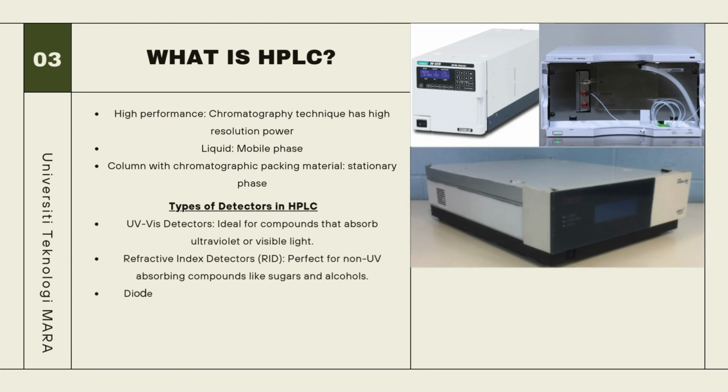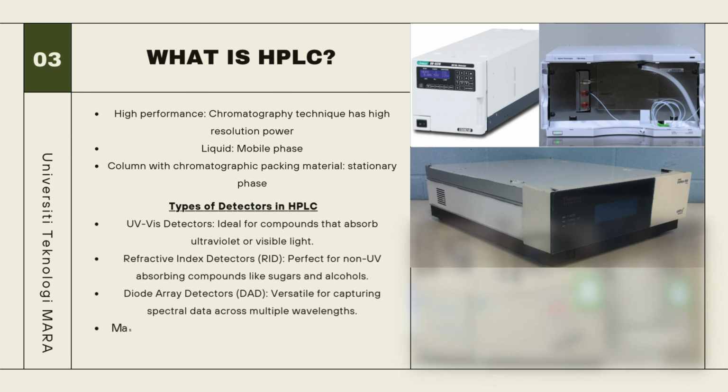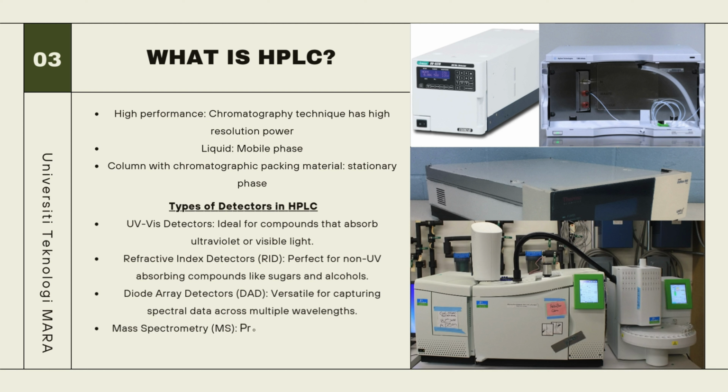Next, diode array detectors (DAD) are versatile for capturing spectral data across multiple wavelengths. Lastly, mass spectrometry (MS) provides structural information for high precision analysis. In this presentation, we will focus specifically on RID and DAD detectors, highlighting their working principles, advantages, and applications.